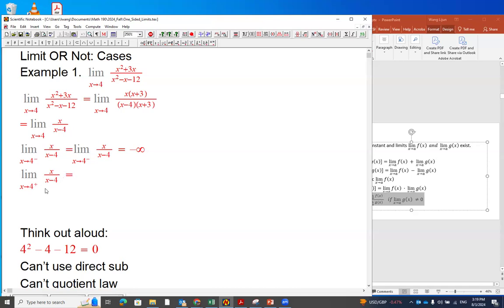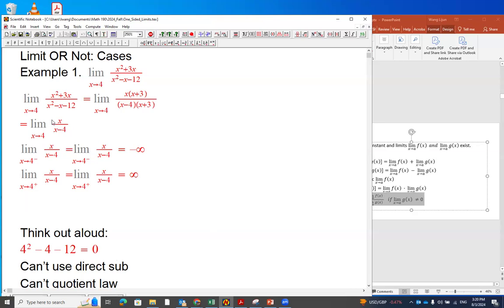When x is approaching 4 from larger than 4, the numerator is approaching 4, a fixed number, and x minus 4 is going to be closer to 0 but positive. So this is going to approach positive infinity.